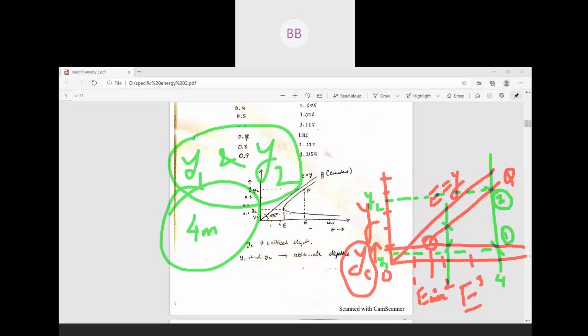The flow that occurs at critical depth is called critical flow. Then what are alternate depths? Alternate depths are the depths at which we have the same specific energy.